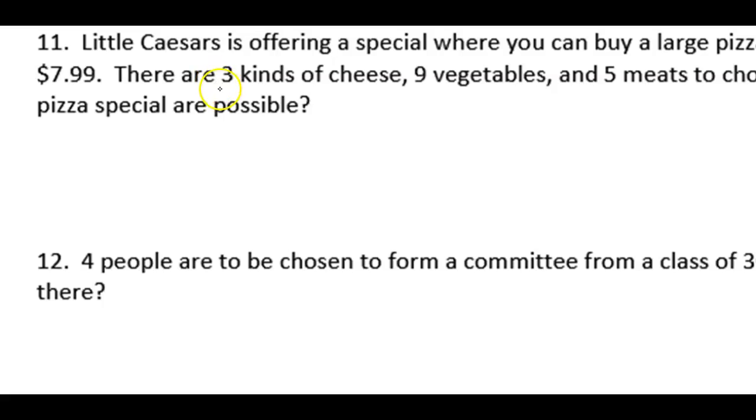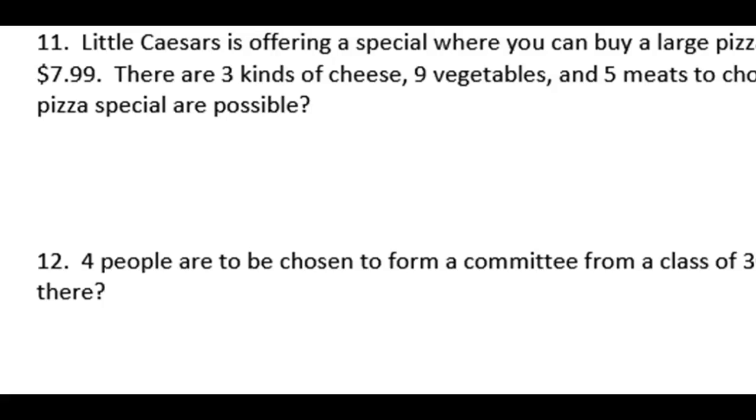Anyway, Little Caesars is offering a special where you can buy a large pizza with 1 cheese, 1 vegetable, and 1 meat for $7.99. Dude, don't eat that. There are 3 kinds of cheese, 3 vegetables, and 5 meats to choose from.